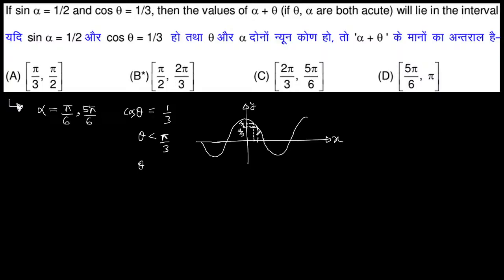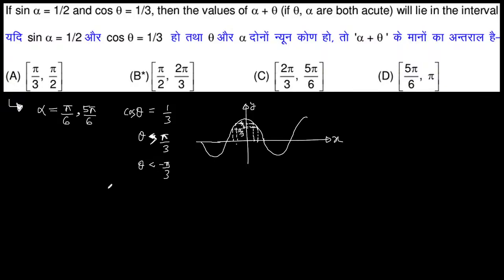With the increase of x, cos theta will decrease. So theta is more than 60 degrees. And if you see theta in this case, when it is 1 by 3, theta will be less than minus 60 degrees.